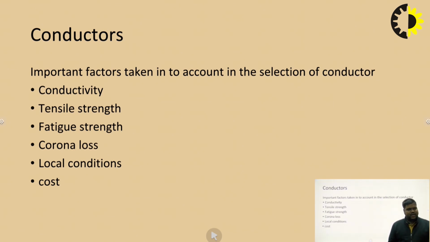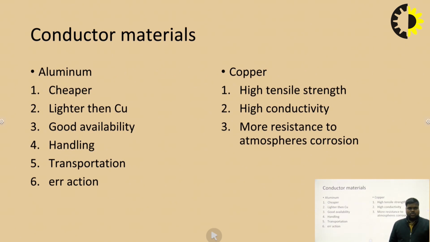The first one is conductivity, then tensile strength, fatigue strength, corona loss, local conditions, and the cost of the conductors.